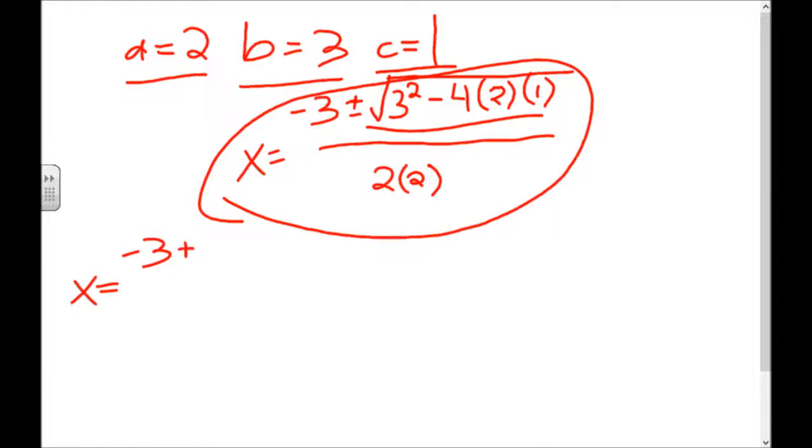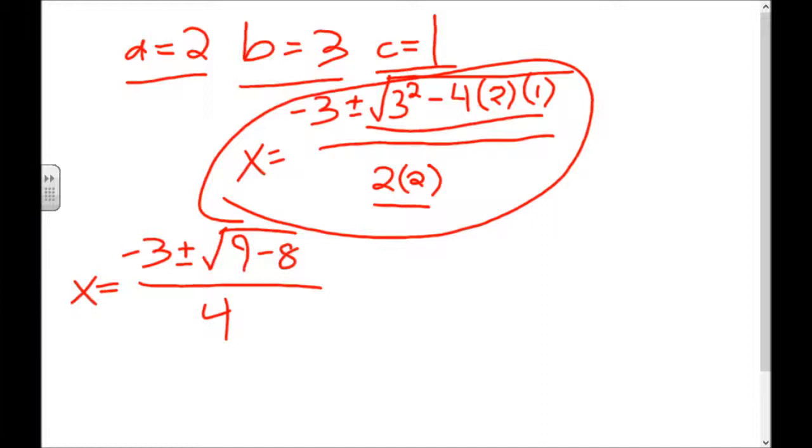So -3 plus minus stays there, and then the square root, and then 3 squared is 9, and then 4 times 2 times 1 is 8, so -8. And then 2 times 2 is 4.